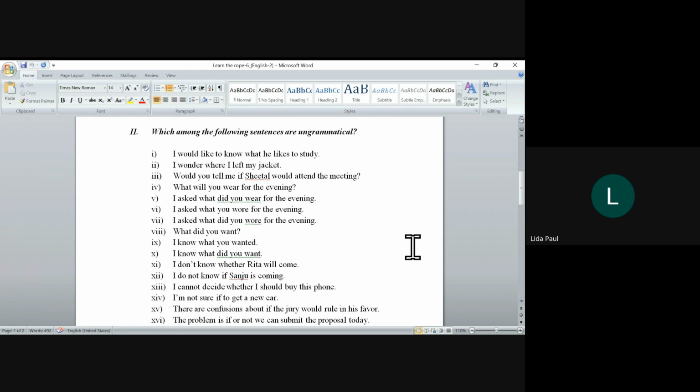Okay, fourth one. What will you wear for the evening? It's ungrammatical. In place of for, it should be in.